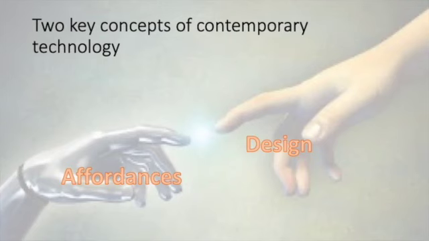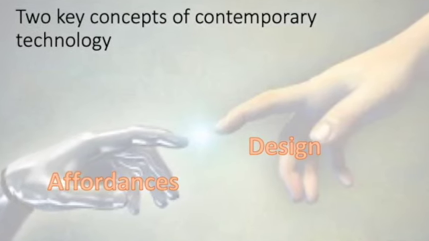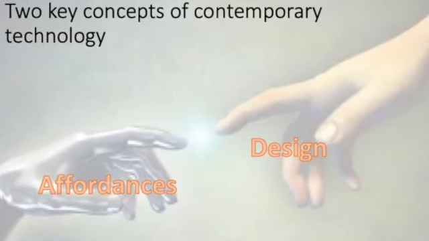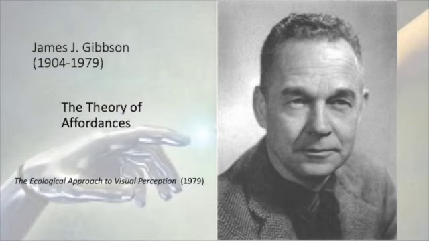It is now time to examine two key concepts central to contemporary discussions of technology: affordances and design. The formation of a theory of affordances began with the work of James Gibson. In a 1977 article incorporated into his later book, The Ecological Approach to Visual Perception, Gibson proposed a psychological theory of how human beings perceive their environment.